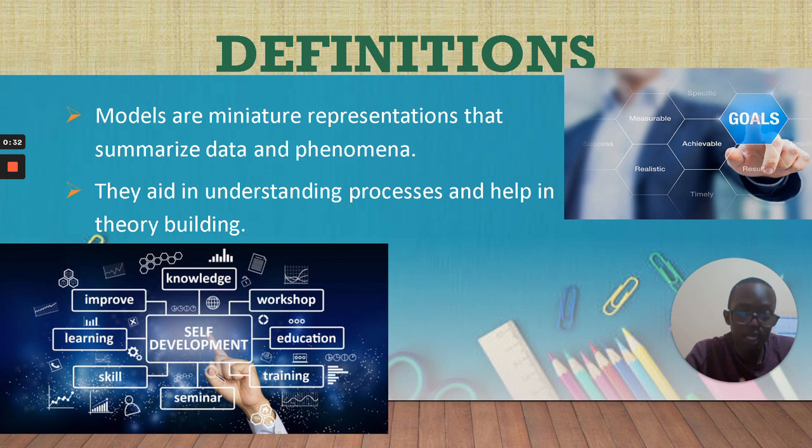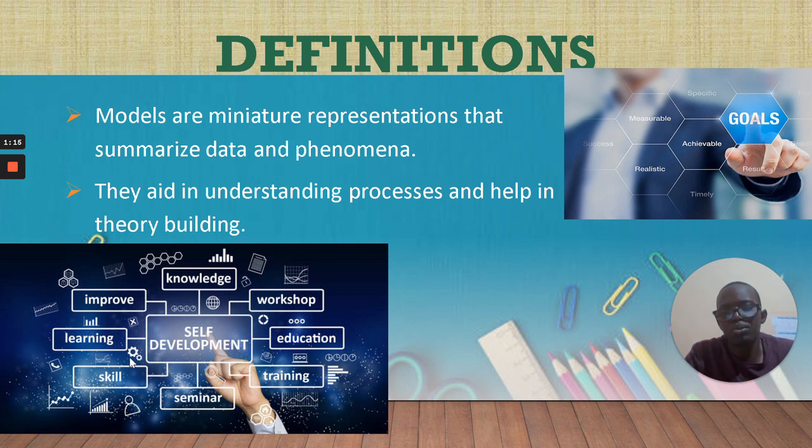So you have your data and you would like to summarize it. One way you can go about it is by using models. For instance, there's an example of self-development. I want to produce content on this topic. One way is to use models and summarize the whole thing for yourself.